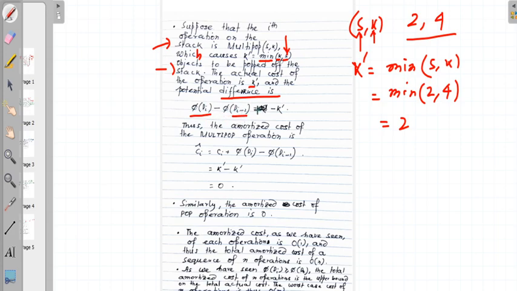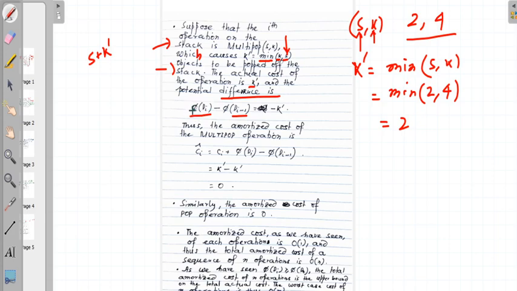Phi of di minus 1 had, say, s objects, and whenever I have called this multipop operation, k prime number of objects have been popped off.